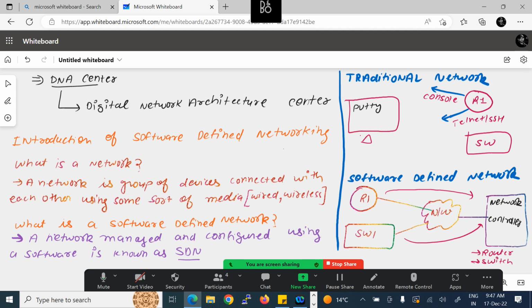So you might be thinking: what is the network controller, what does it look like, how can we implement the network controller in our network? We'll talk about it later on. But right now, just think of it like this: we have a device which is running some sort of software. Like this is my desktop. I am running Windows, right? So what is Windows? Windows is software.